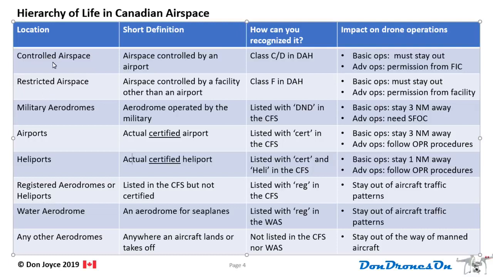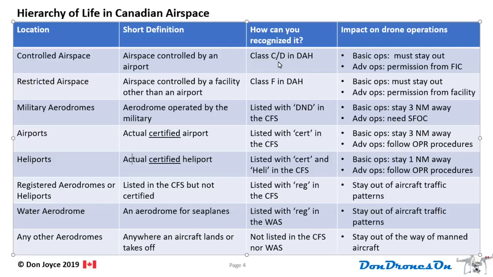At the top of the heap is controlled airspace, arguably a tie with restricted, but we'll start with controlled. Controlled airspace is airspace that is controlled by an airport, typically an air traffic control tower. You can identify it in the DAH because it's either Class C or Class D, starting at the surface and working your way upwards in altitude.